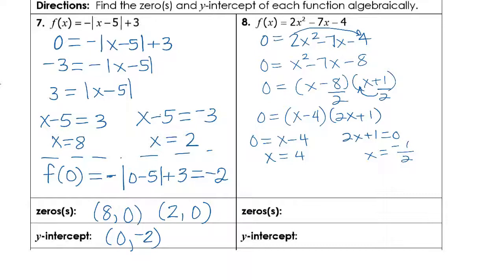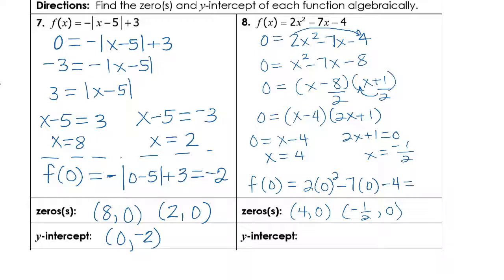So our zeros down here that we found are (4, 0) and the other, (-1/2, 0). Now we need to find the y-intercept, which means that we're going to substitute in or evaluate the function at 0. So that's going to give me 2 times 0 squared minus 7 times 0 minus 4.